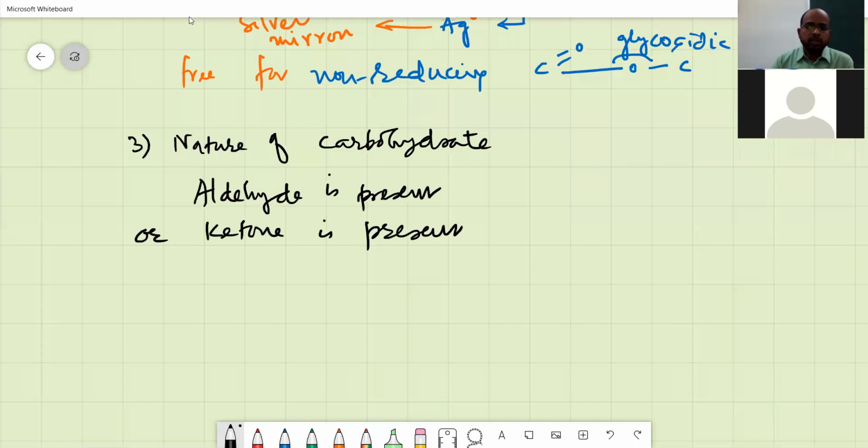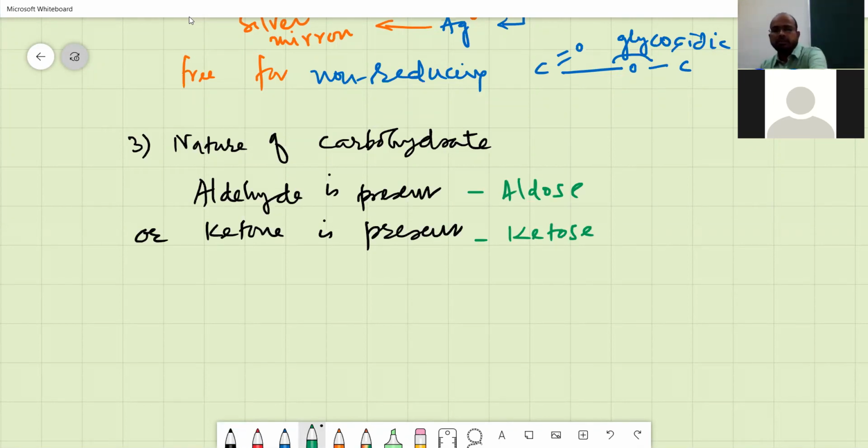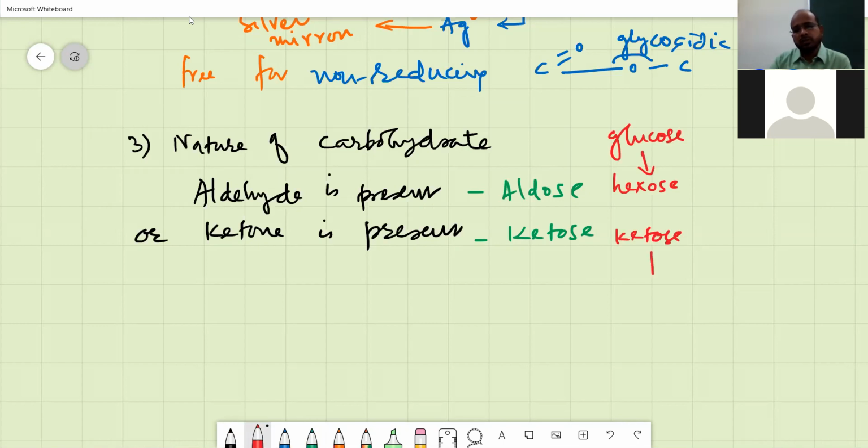For this, you will call it aldose; for this, you will call it ketose. The best example I am going to give: this is a hexose, glucose, and this is a ketose, fructose.